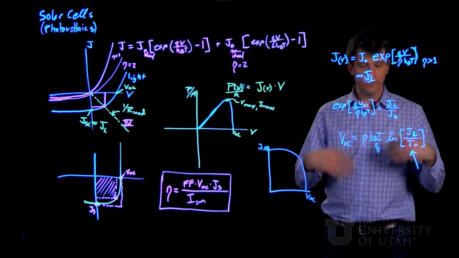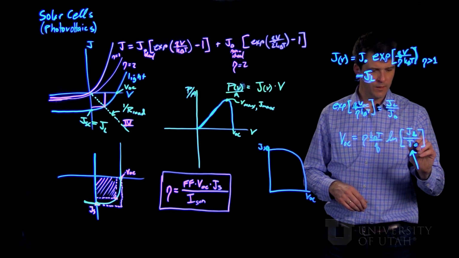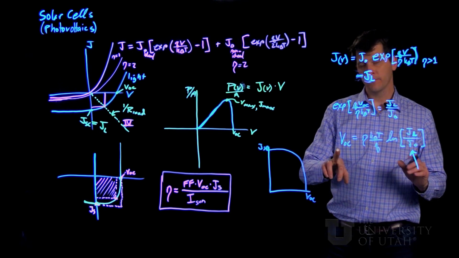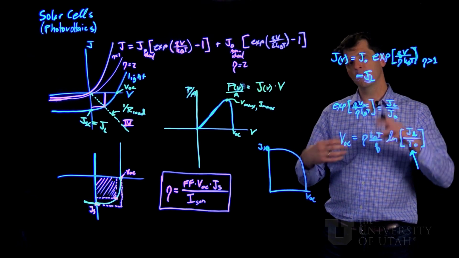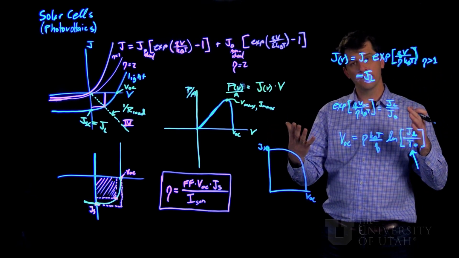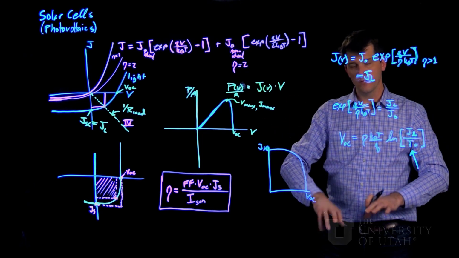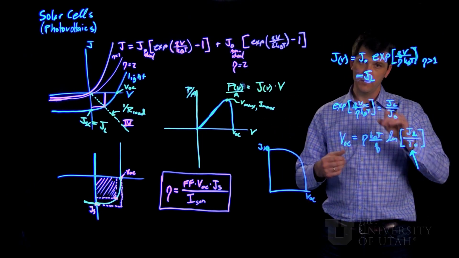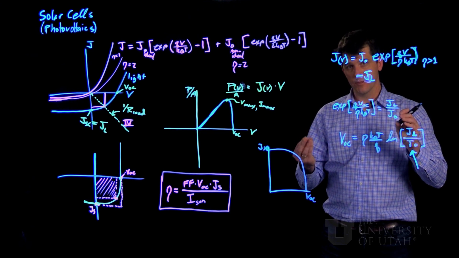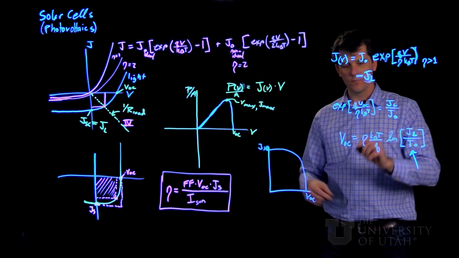So if there are impurities in the semiconductor, this J naught term will go up, and the VOC will be dropped. That's equivalent to saying in the previous discussion that the minority carrier lifetime will be lowered, and thus the steady state excess carrier concentrations will be smaller, and thus VOC will be lower.